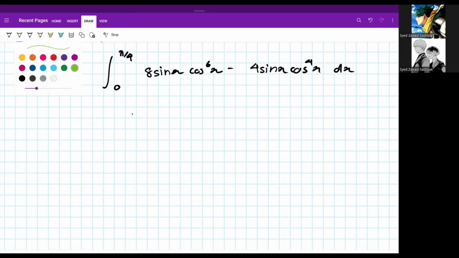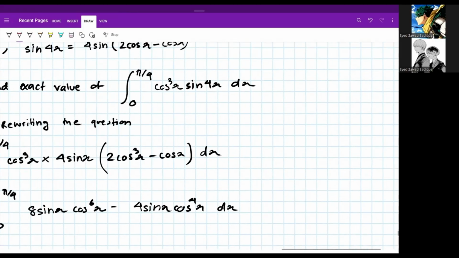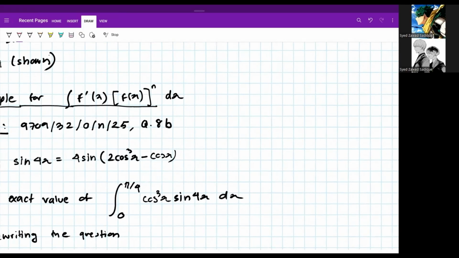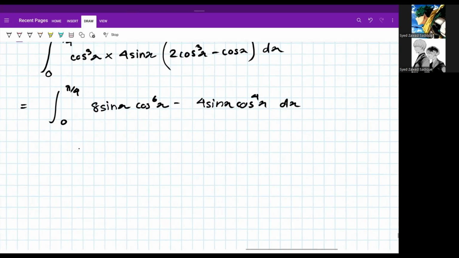So now, we know that anything with the power is f(x), and anything with not the power is f inverse x. So this is f(x) to the power 6. This is f(x) to the power 4. And this is f inverse x. This is f inverse x. Right.